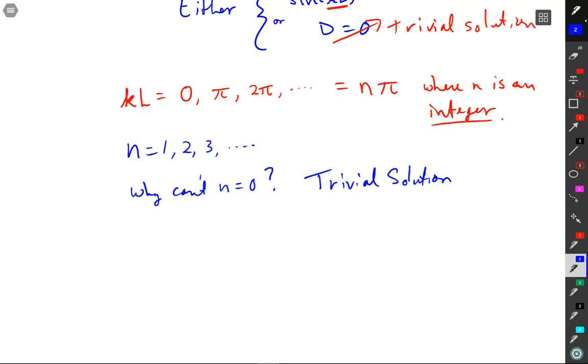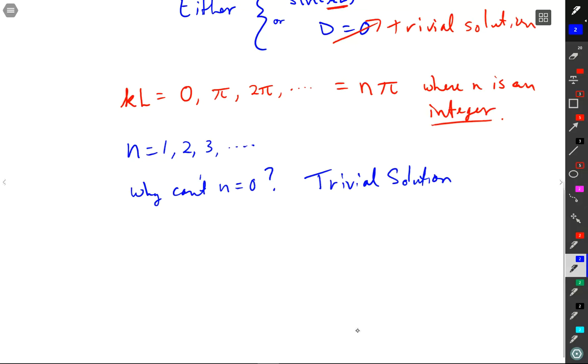Now, why can't n be negative? N can't be negative because we have already taken into account a solution with a plus ikx and a minus ikx. If we put in negative n's, we're just duplicating because we already have that in our solution set. So that's why the n's have to be positive integers.